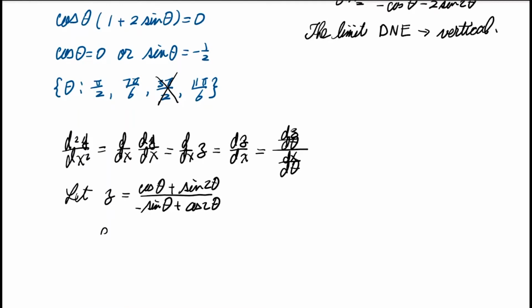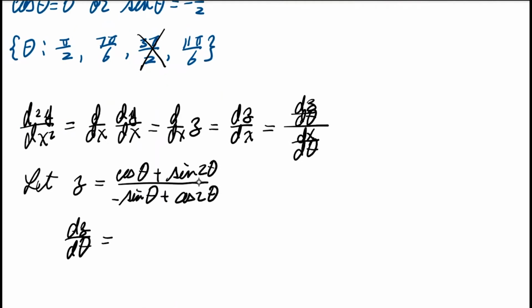Let's suck it up and do it. dz over d theta, I'm going to zoom in a little bit, will be derivative u prime v, so u prime negative sine theta plus 2 cosine 2 theta times v, the denominator, negative sine theta plus cosine 2 theta. Good.